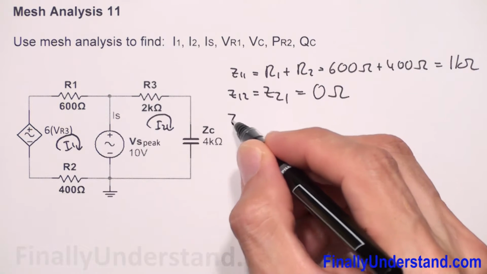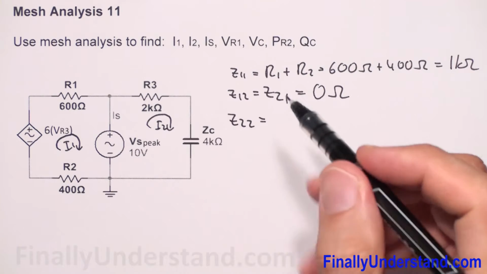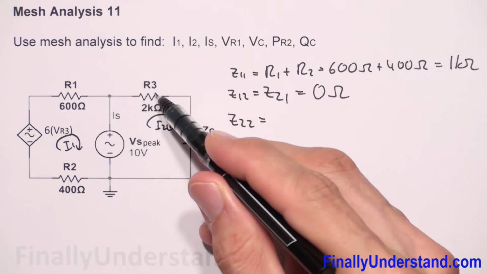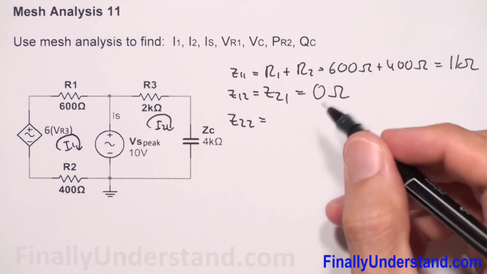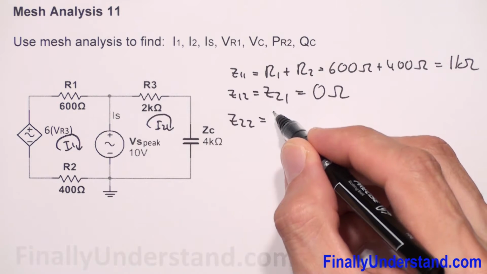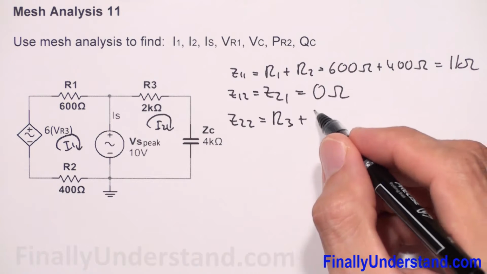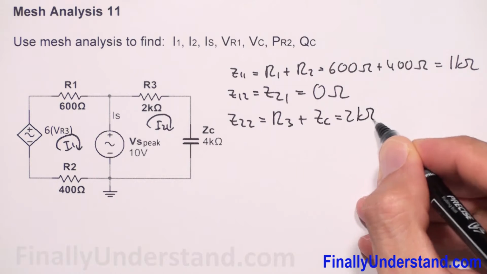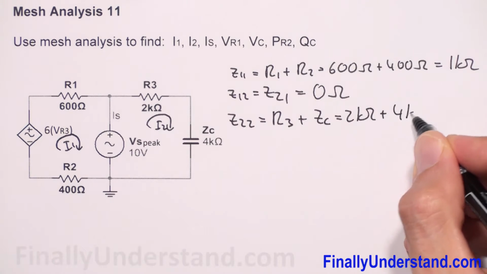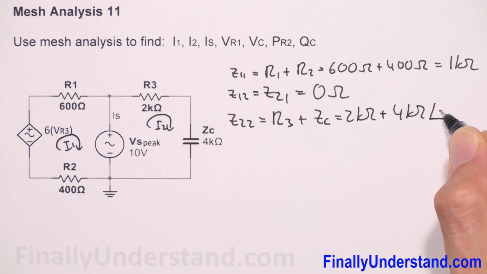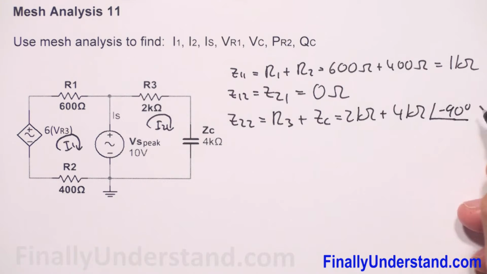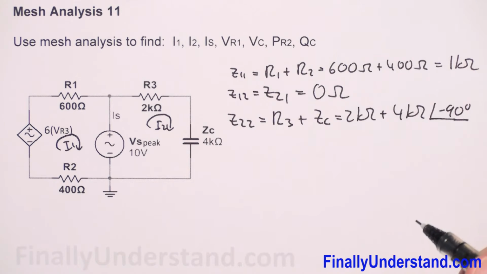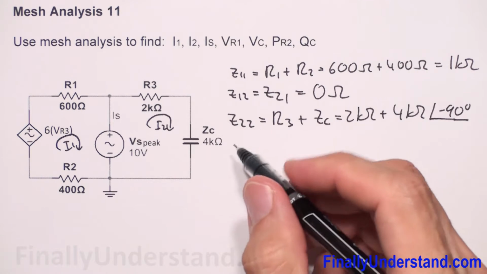Next I'm supposed to find Z22. Z22 is the sum of the impedances in loop 2. So I have resistor R3 and a capacitor, so I have R3 plus Z of C. R3 is equal to 2 kilo ohms plus 4 kilo ohms at an angle of negative 90 degrees, because a capacitor, when it comes to impedance, always goes with an angle of negative 90 degrees, or negative j.